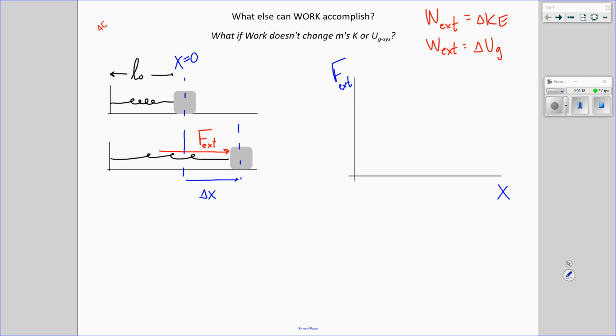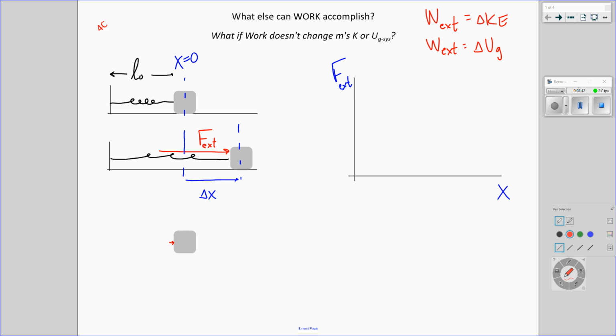In the very beginning, when the object is here, the spring applies no force because it's at its equilibrium length, and so Jim really has to apply an infinitely small amount of force to start moving this object a tiny little bit.